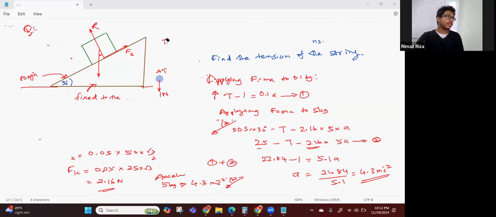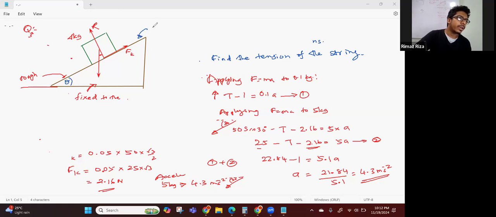Okay, the next question. Question number 3. Okay, so we have a mass of 4 kilogram on a rough plane. The angle I'll mark the angle as theta, variable.